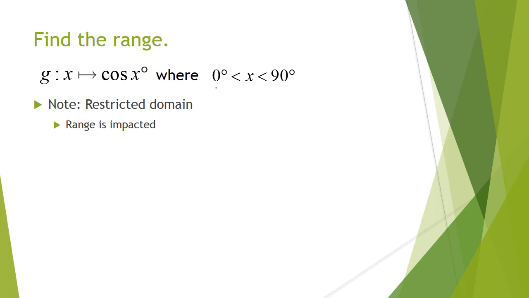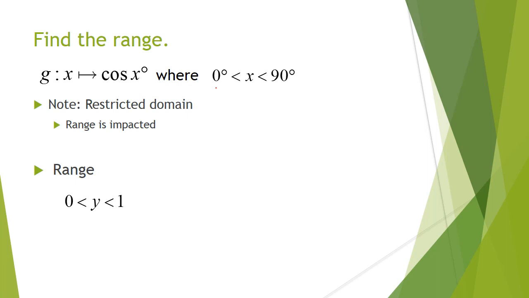And hopefully you remember that it goes from 1 at 0 degrees to 0 at 90 degrees. All right, so since we're not including 0 and 90 degrees, our range has to be y is greater than 0, but less than +1, because it's not inclusive of those.